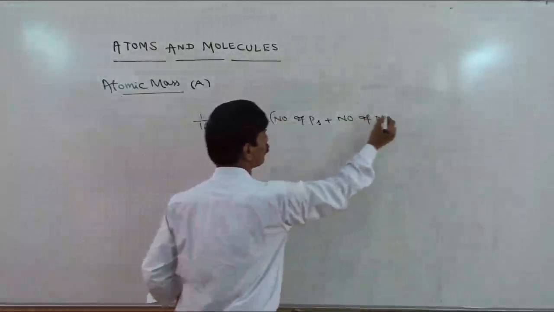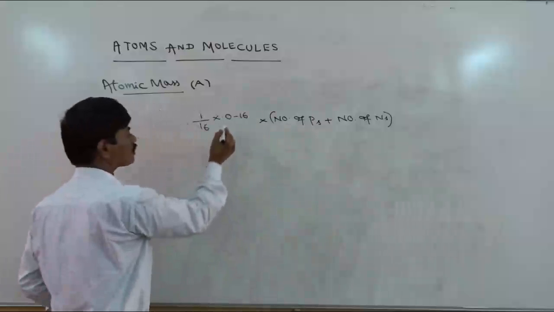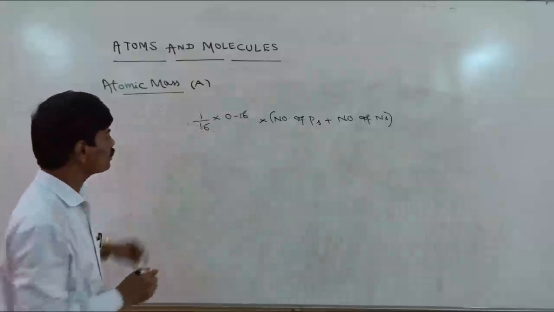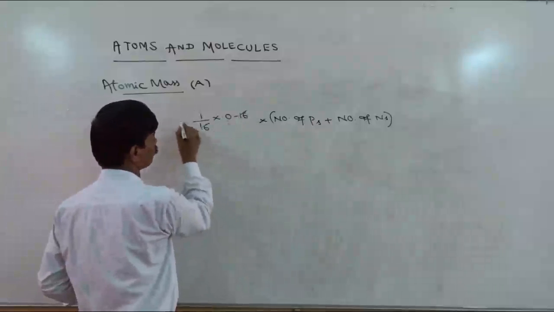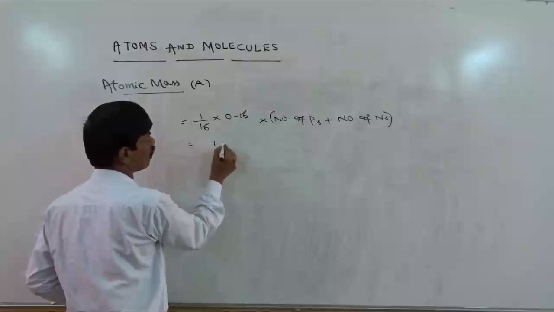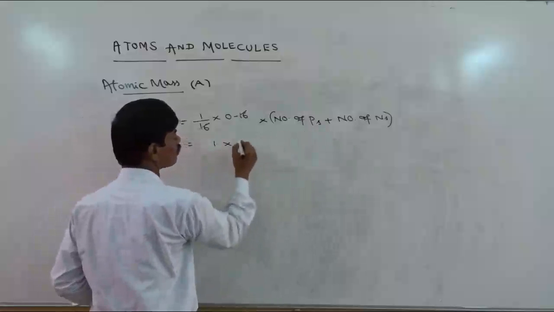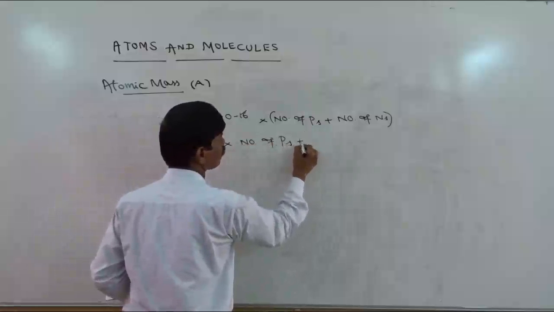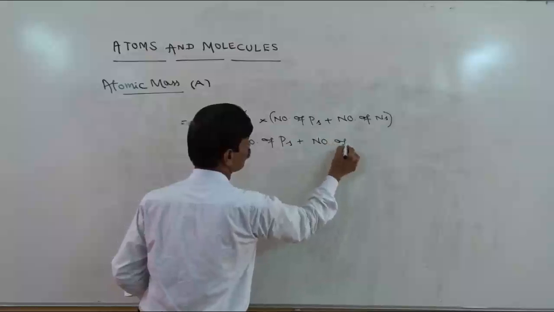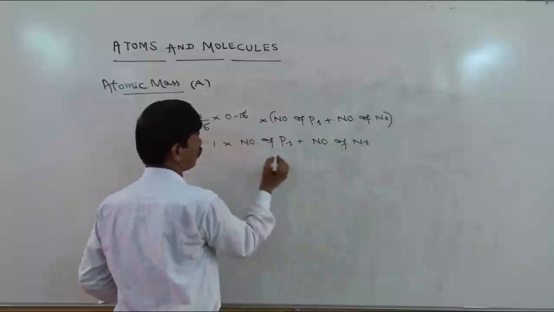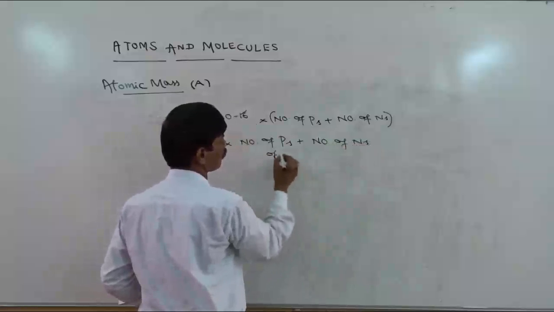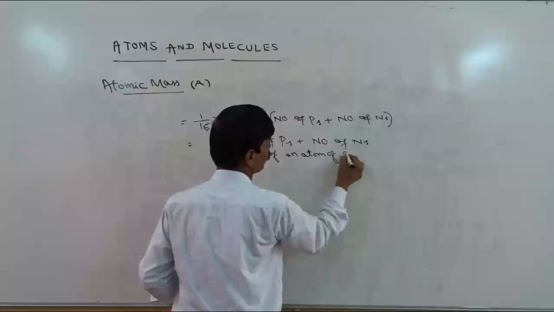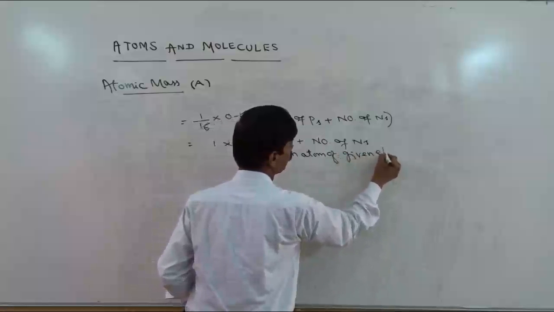Here the 16 gets cancelled, we will get 1 multiplied by the number of protons plus the number of neutrons of an atom of the given element.